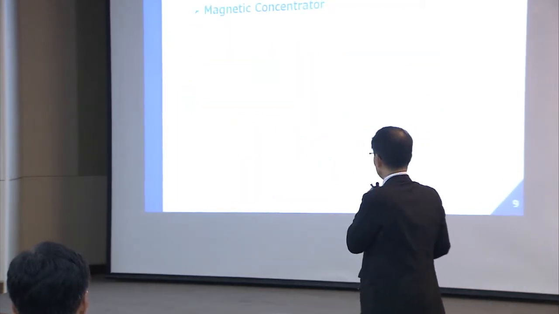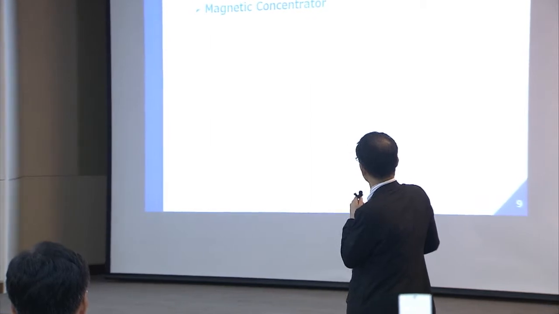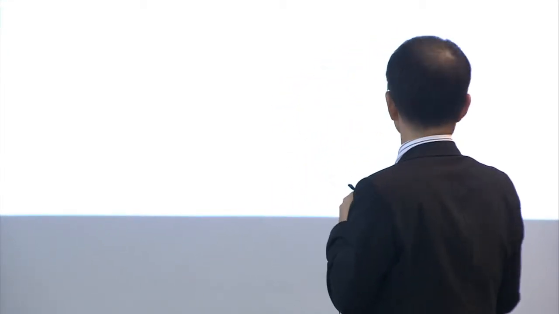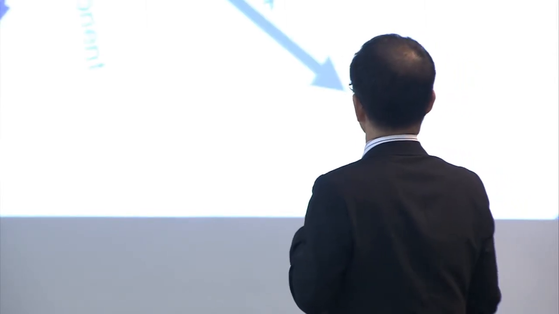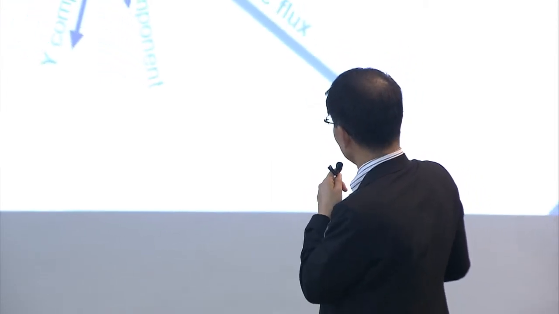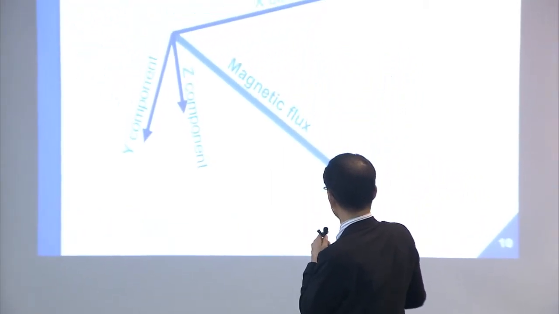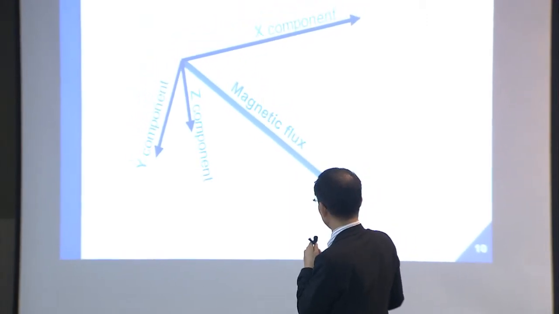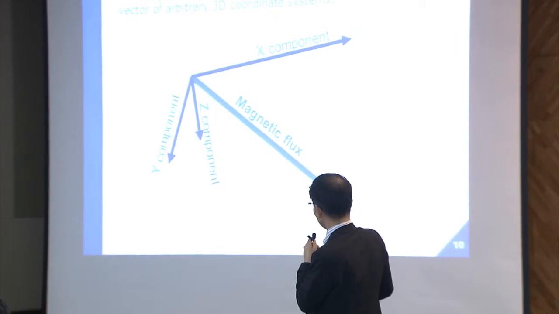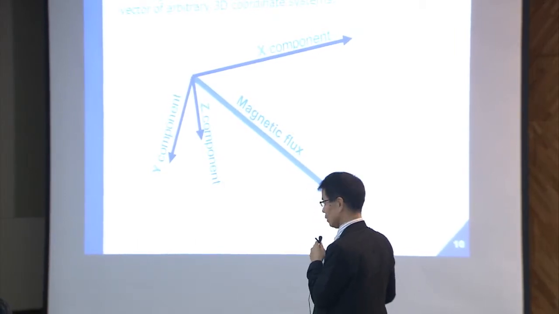So let's move on to the new detection principle of Hall sensor. We call this new technology magnetic concentrator. So please think about the magnetic flux. Magnetic flux is a vector quantity, and it can be divided into three axes: X, Y, and Z component.